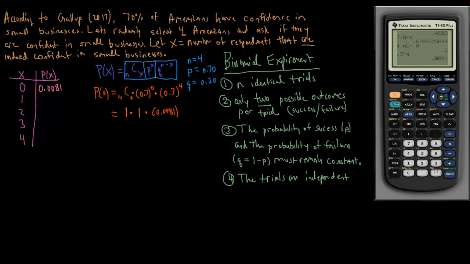Now, let's try the probability of x equals 1. So the same calculation, except instead of zeros, you have ones. So that's 4 choose 1 times 0.7 raised to the 1st power times 0.3 to the 4 minus 1 power.